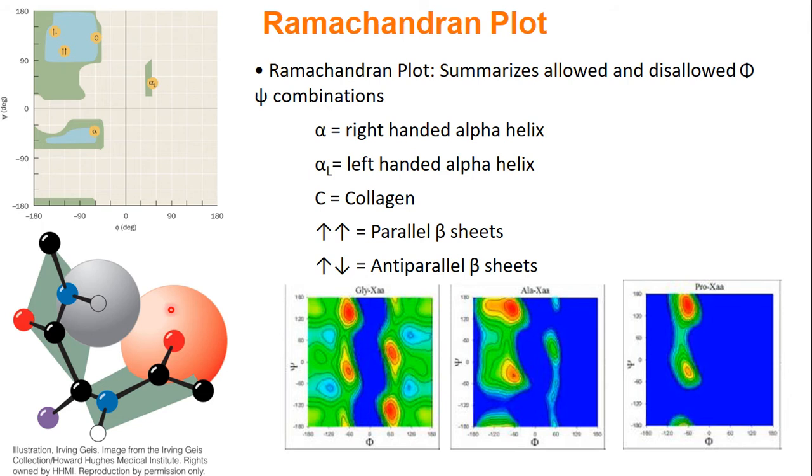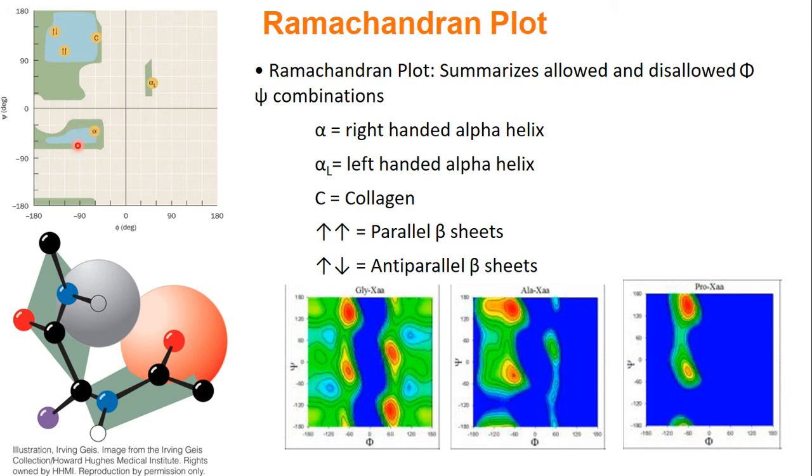And here we see a disallowed conformation because what happens is that you have steric hindrance. Atoms are overlapping. That's very energetically unfavorable, and so amino acids won't adopt that. So if you look at the Ramachandran plot where we have phi versus psi, we have some regions that pop out.